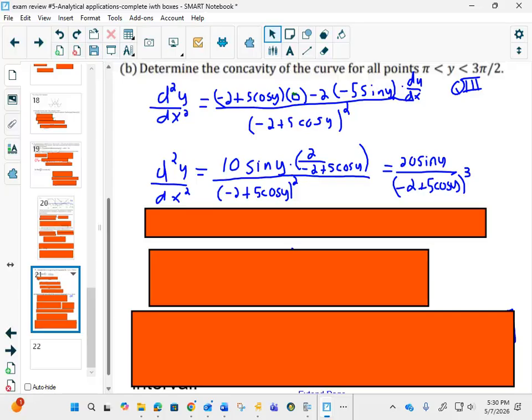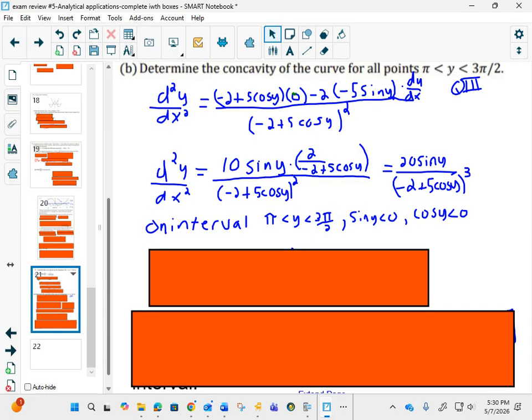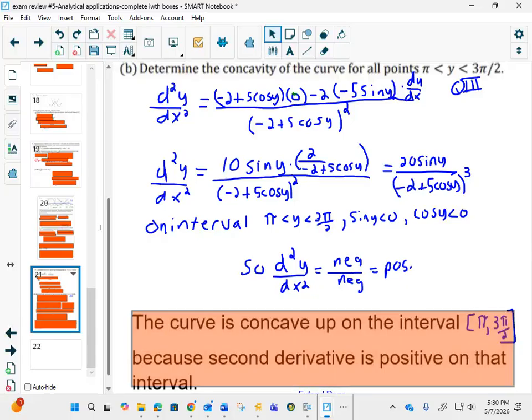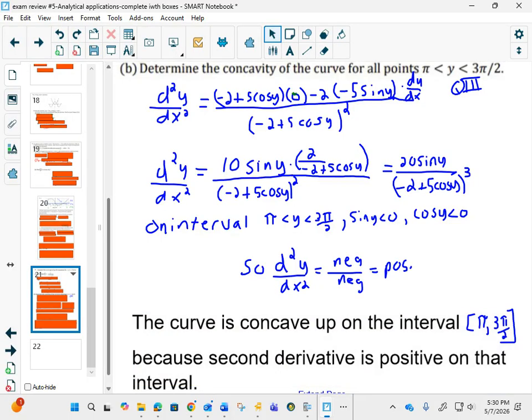If cos is negative, you're going to have negative 2 minus something, which is still going to be negative. Then you cube it, so it stays negative. So without doing a lot of work, you know this is always positive. And you can say that it is concave up because the second derivative is always positive on that interval.